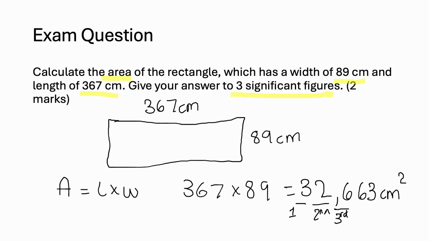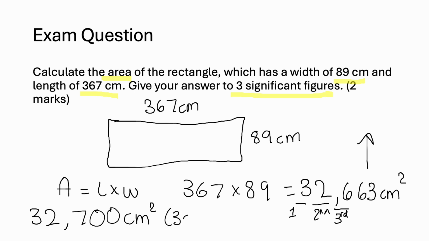As 6 is greater than 5, that means we have to round up, meaning that our 6, which is our third significant figure, is going to increase by 1. So we get an answer of 32,700 centimeters squared to 3 significant figures.